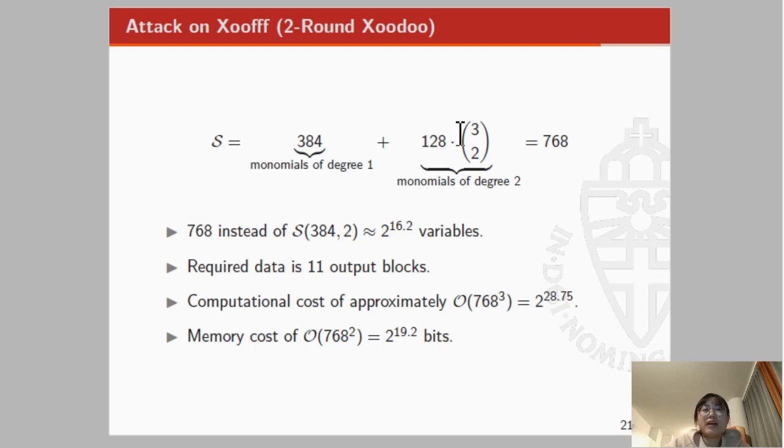In order to better understand the process, we start with the two-round Xoodoo. In the expression, there are 384 monomials of degree 1 and 384 monomials of degree 2, so we can use new variables to replace the monomials of degree 2 to transform the system into a linear one and then solve it.